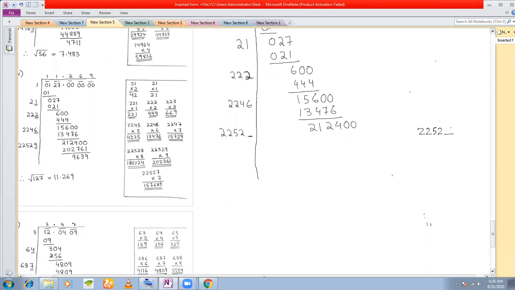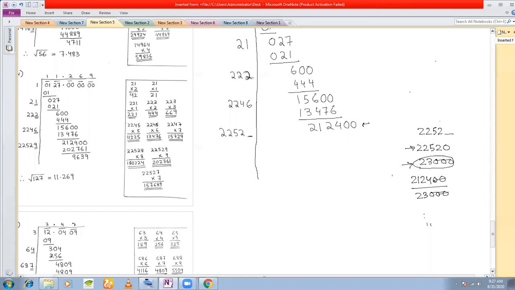Whatever digit that I place here, 2252 will be very close to 22,520, which is again very close to 23,000. You can also take 22,000, no problem. And the number that we are getting here is 212400, and we divide this by approximately this.